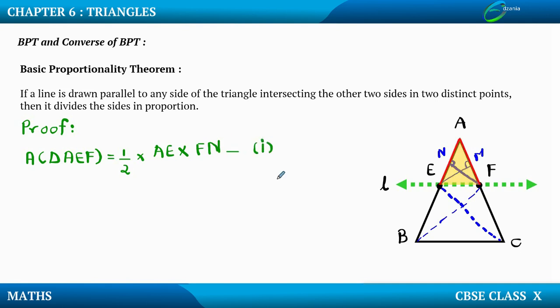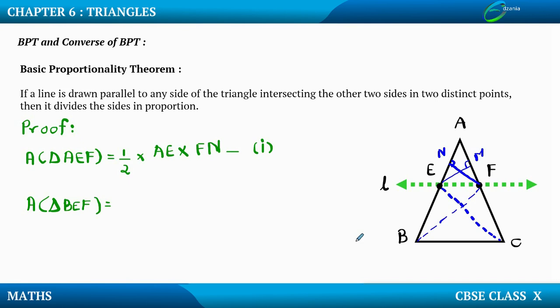So what we did, we found out the area of triangle AEF. Base is AE, height is FN. So half into AE into FN. Now I am selecting triangle BEF. So just observe the cursor, BEF. So area of triangle BEF.